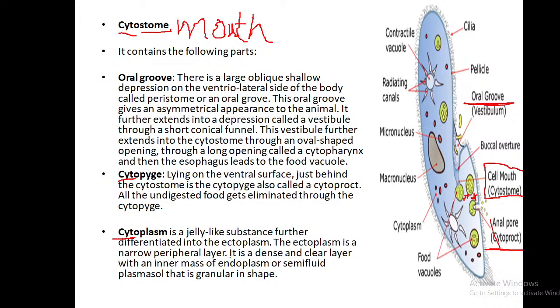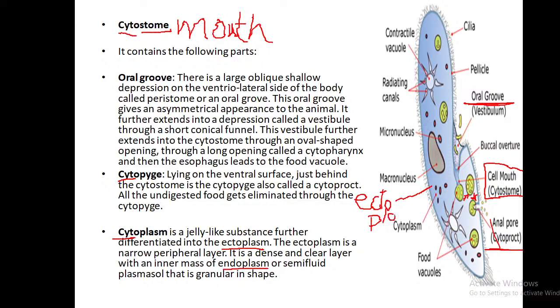And the cytoplasm is divided into two parts, ectoplasm and endoplasm. The cytoplasm can be divided into two. The cytoplasm in the peripheral region is called the ectoplasm. Cytoplasm is a jelly-like substance which is present in the body of the Paramecium.